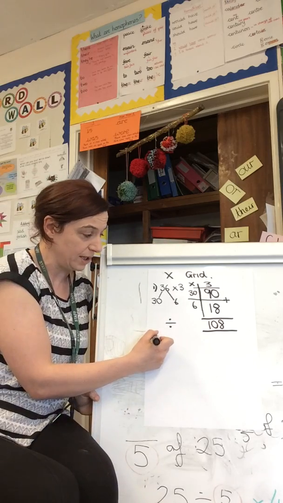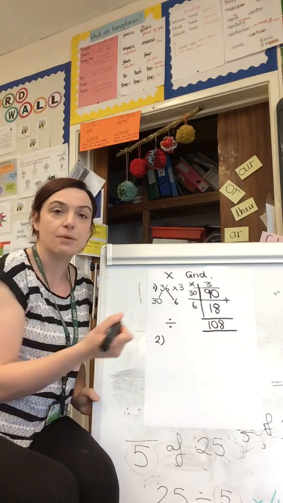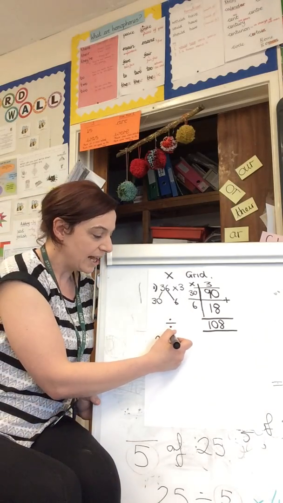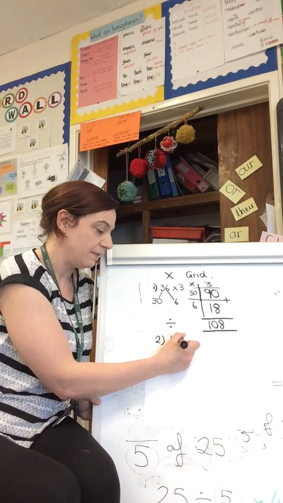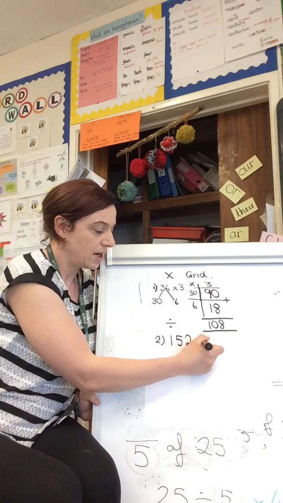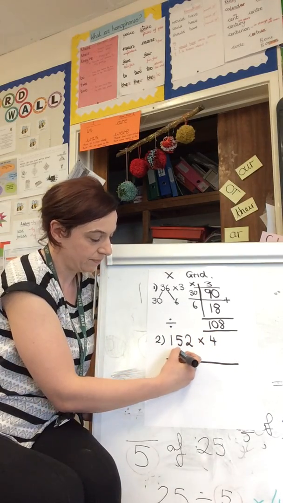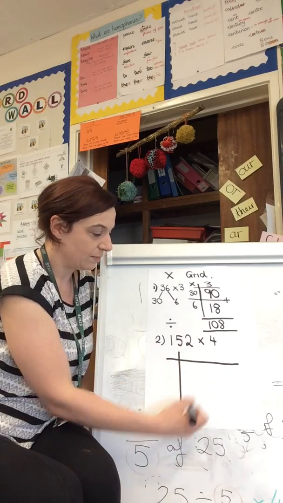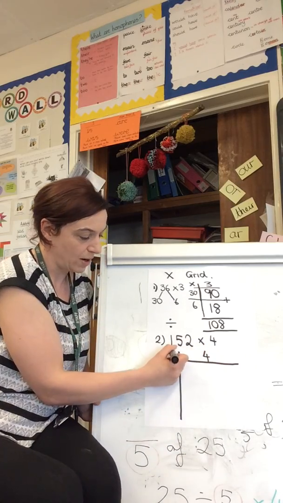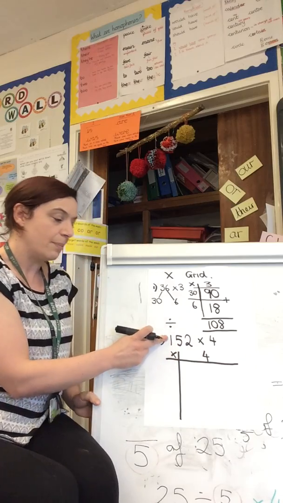Let's do another one using grid, and I'll spread it out to make it a little bit bigger. So let's do 152 times 4. Get a little bit trickier. So I'm going to have my times 4 at the top, and then I'm going to separate my numbers.